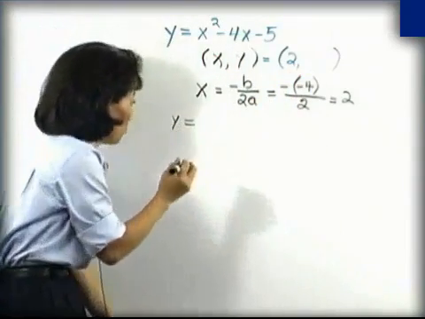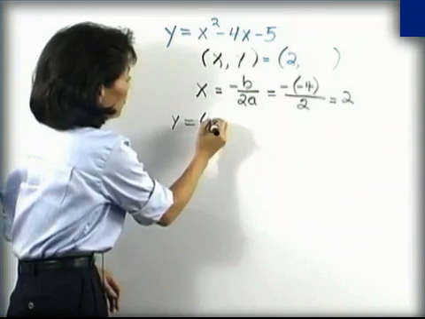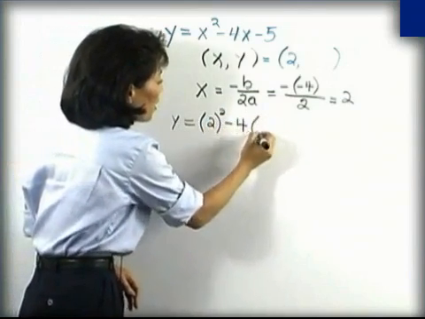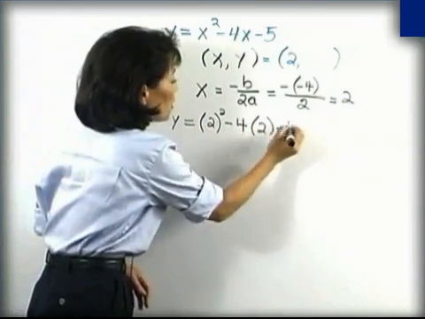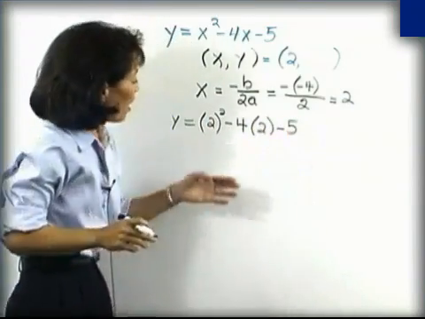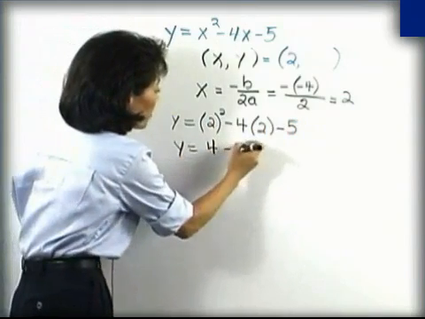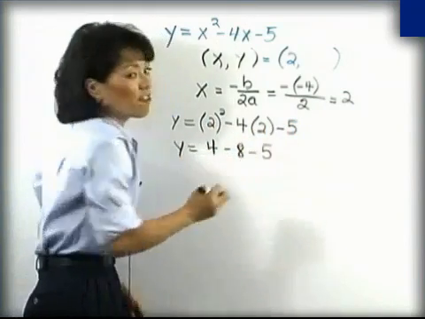y is equal to x squared, but x we found to be 2, so that's 2 squared minus 4 times 2 minus 5. So in this case, y is equal to 4 minus 8 minus 5.